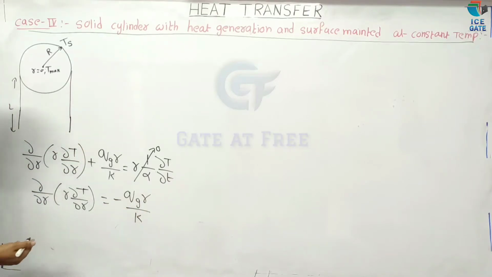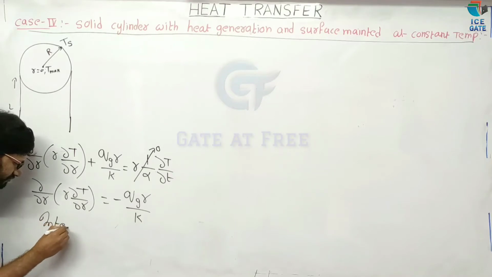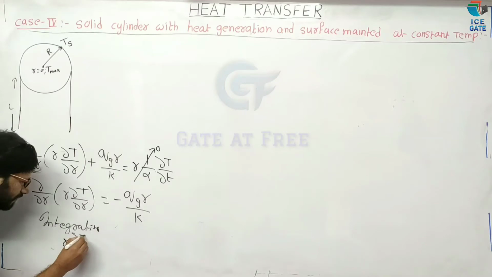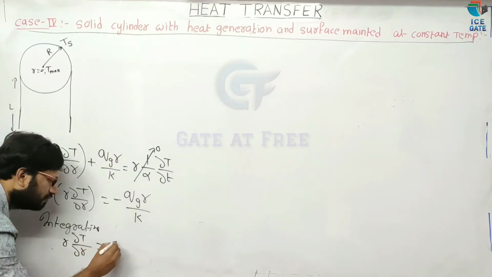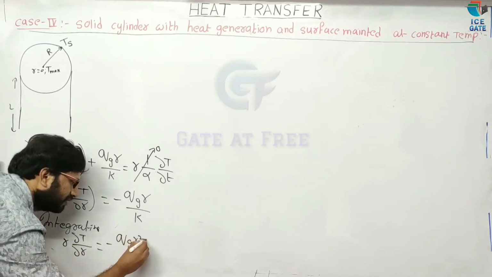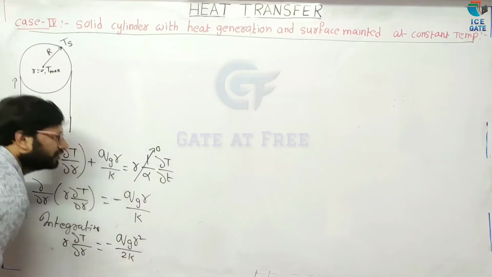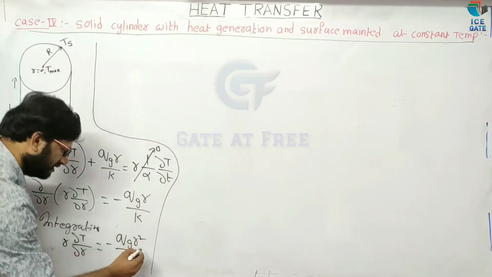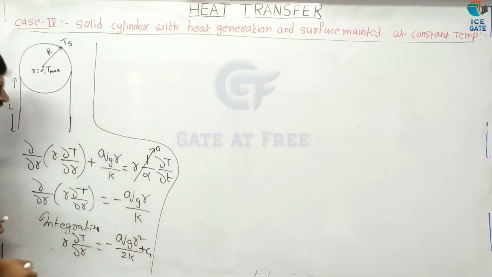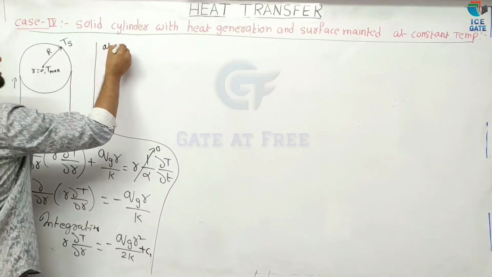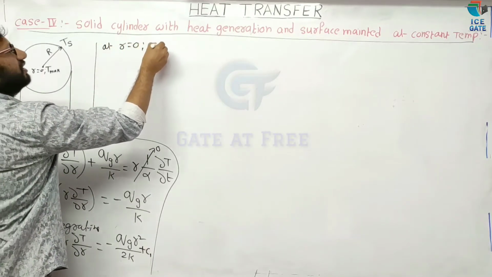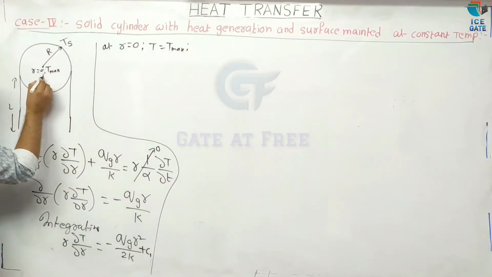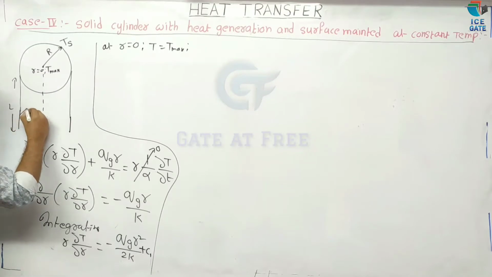Okay, now what is the next step? Integrating on both sides, we get r into dou T by dou r is equal to minus qg r square by 2k plus C1. Now take boundary condition at r equal to 0, T equal to T max. Now these are the temperature profile.